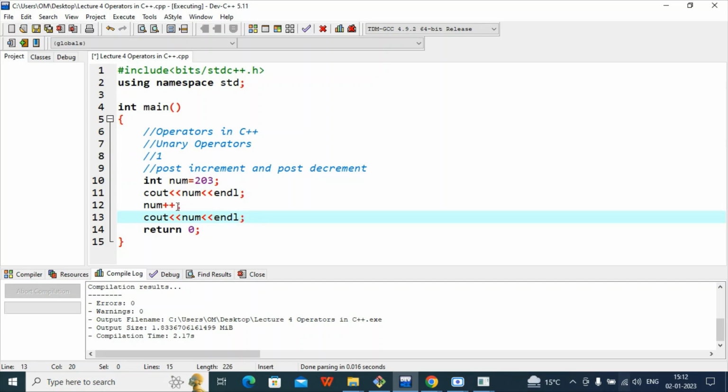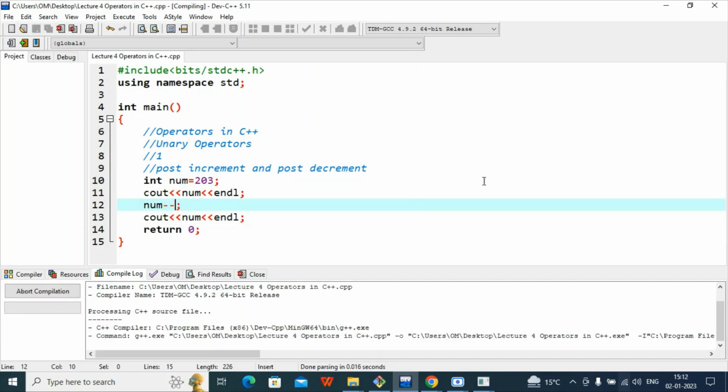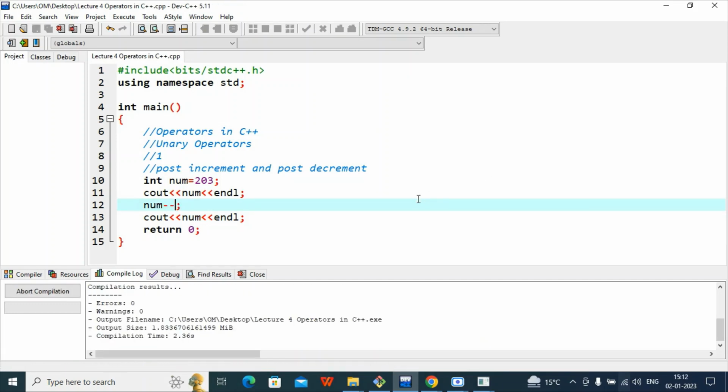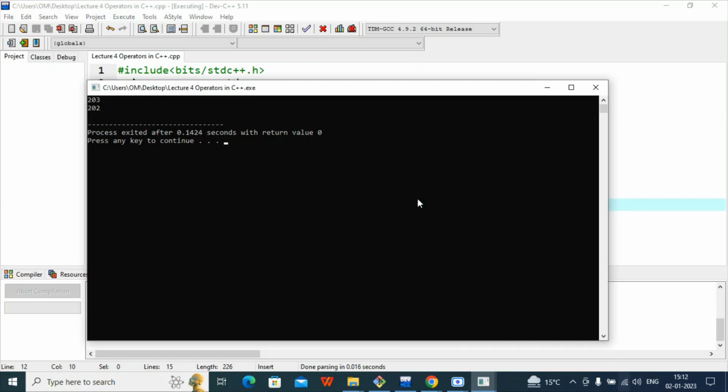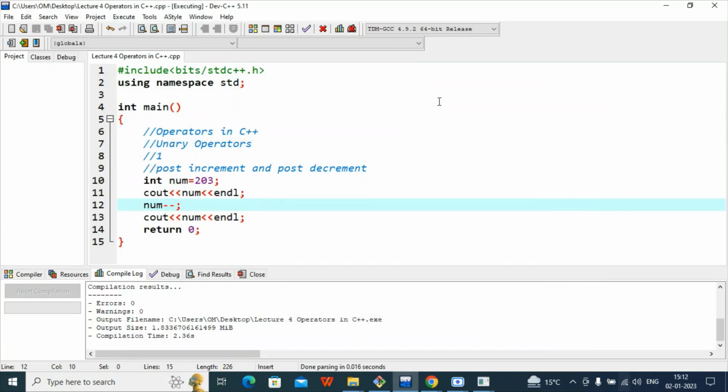Okay, let us do something on post decrement. Num minus minus. Let us see what will happen. Wow, cool. Initially it was 203, now it became 202. It is decremented by 1.